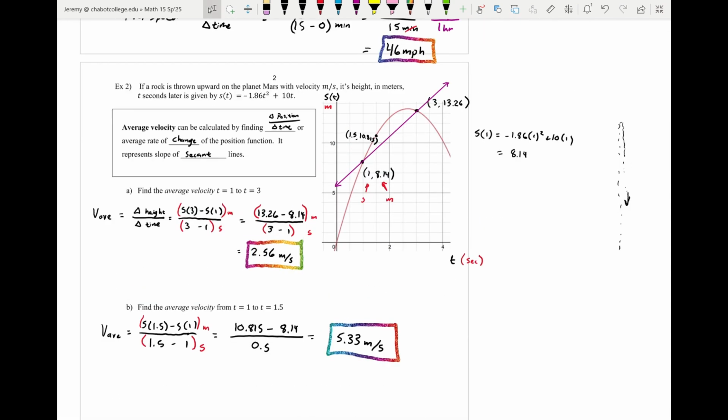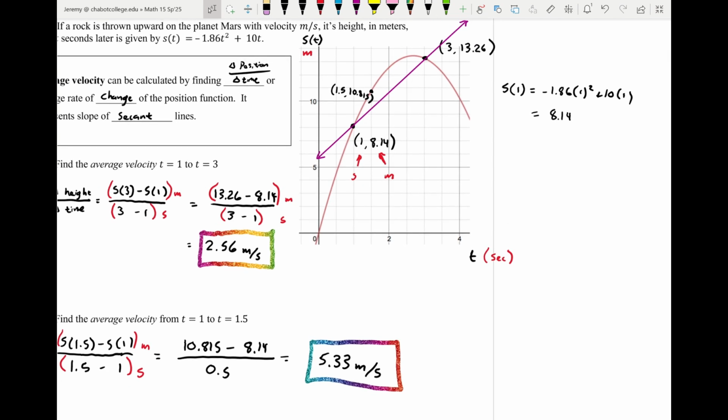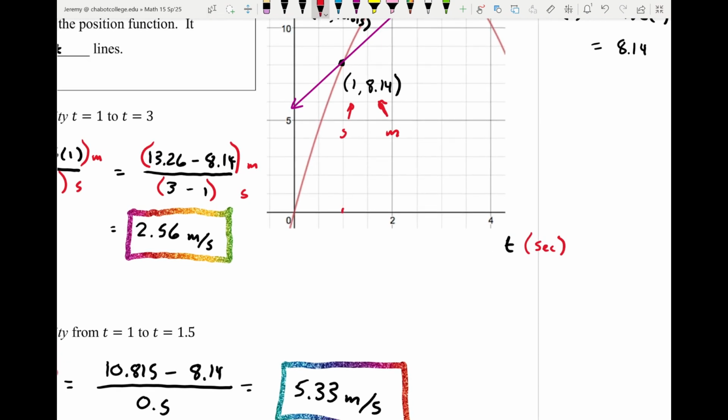Okay, so what this is telling us is that the velocity, just in the upwards direction, was greater over this interval from t equals 1. Let me just mark this out on the t-axis. So here's t equals 1, there's 1.5, and then here was 3 over here.